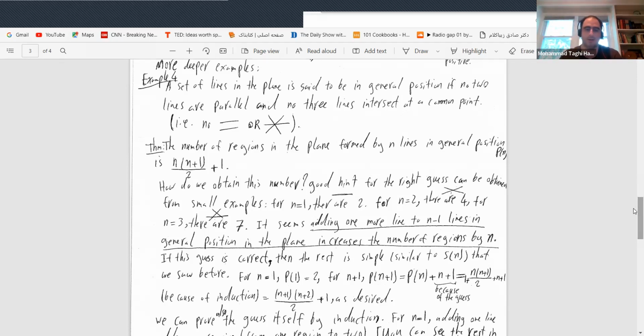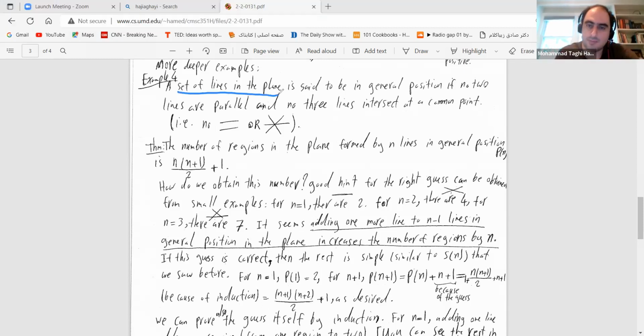These are the deeper problems to talk about. So what is the problem? You are given a set of lines in the plane. We say that we are in a general position, a general term that you will hear, if no 2 lines are parallel and no 3 lines intersect at a common point.